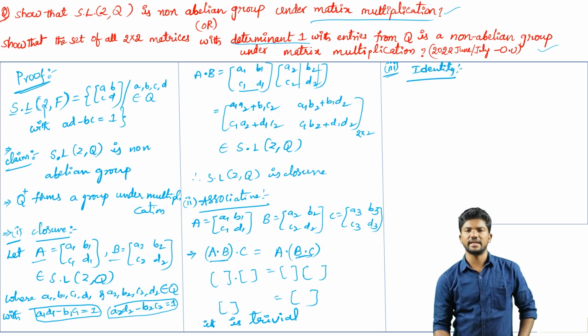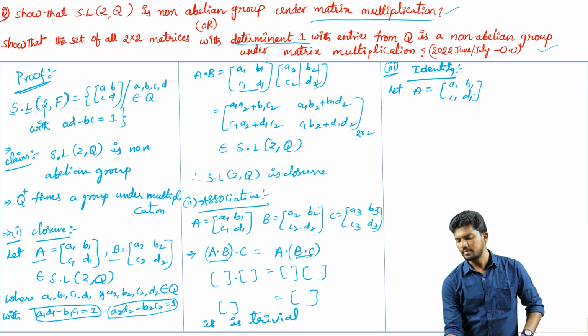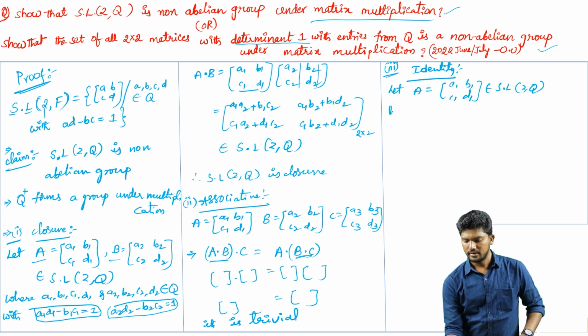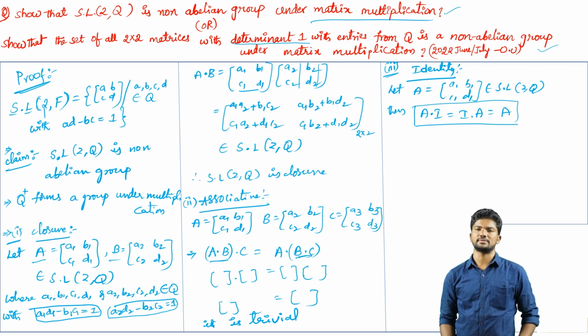In the identity condition, let capital A is equal to A1 B1 C1 D1 belong to SL(2, Q). Then A into capital I is equal to I into capital A is equal to capital A. This is the property for the identity condition.